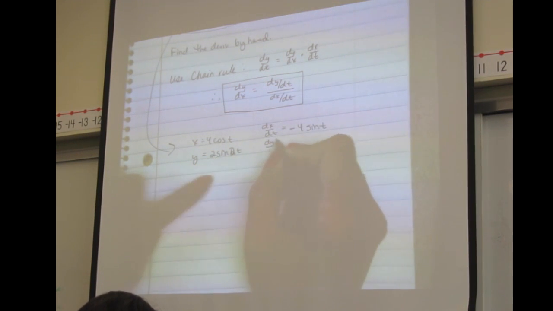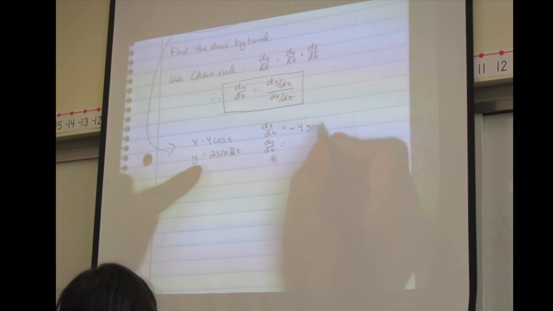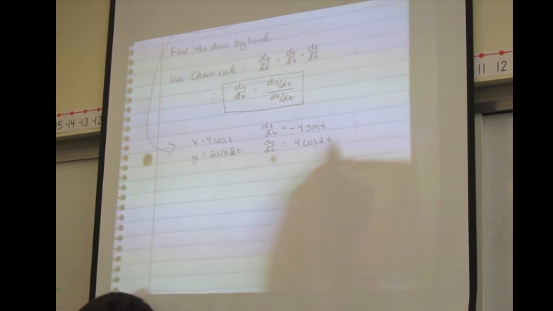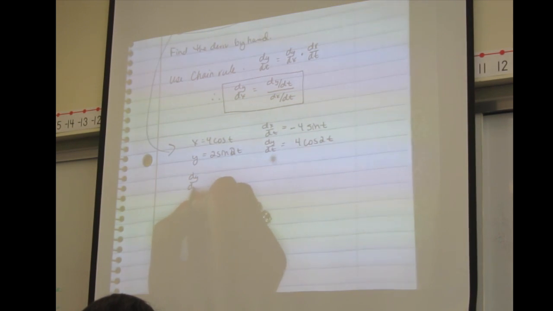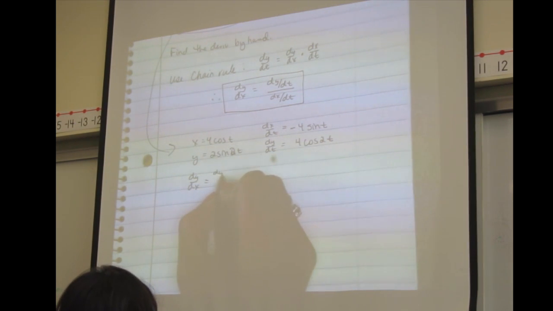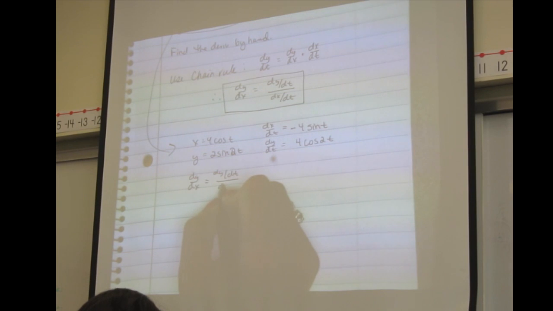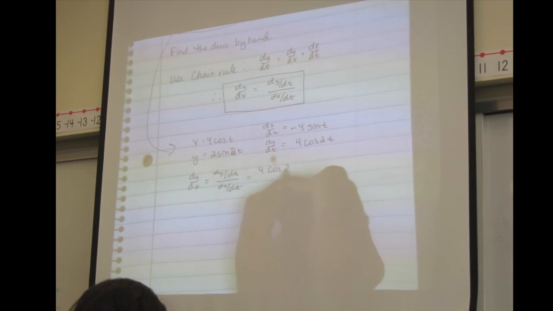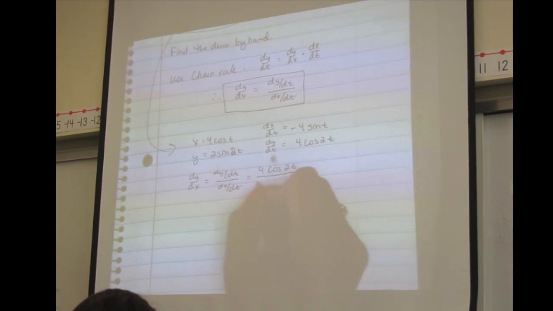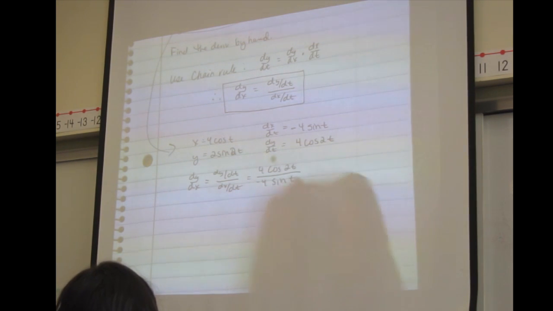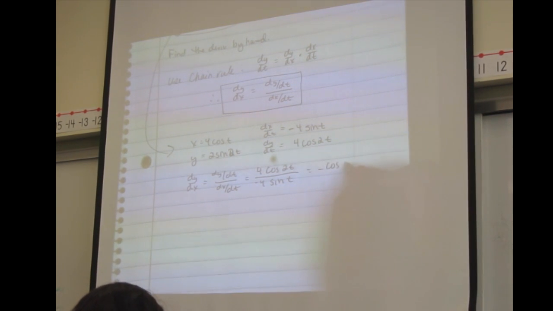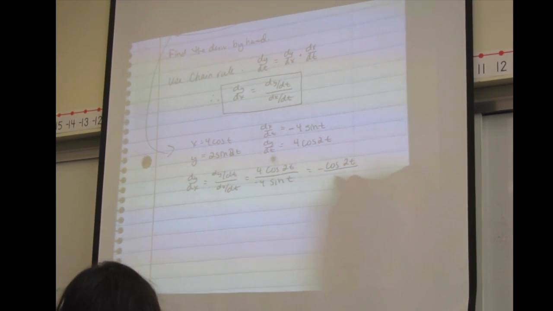The derivative of y with respect to t is 4 cosine 2t. And so now what we get is dy dx, right? That's just dy dt divided by dx dt. So 4 cosine 2t divided by negative 4 sine t, which reduces to negative cosine 2t divided by sine t, correct?